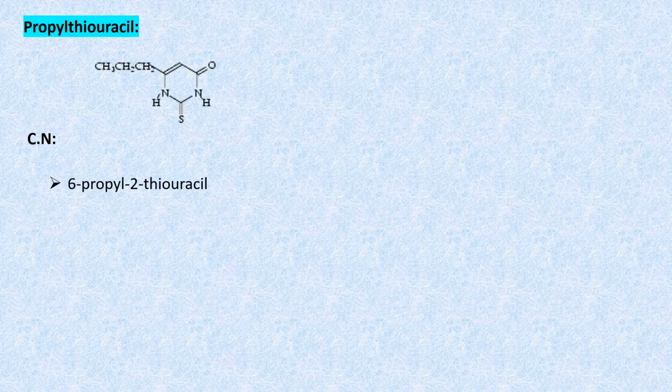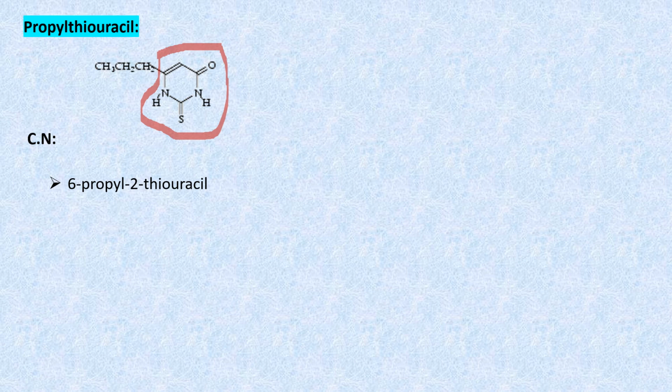Then the second drug, that is propylthiouracil. This is the structure of your propylthiouracil. Same way, first identify the basic structure. This is the basic structure of thiouracil. If I remove this sulfur atom, it will become the structure of your uracil.